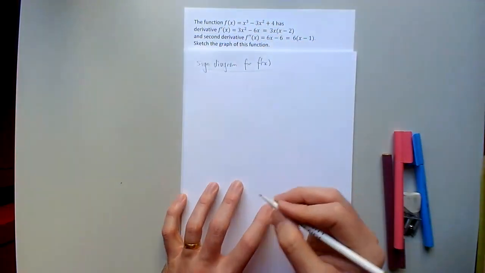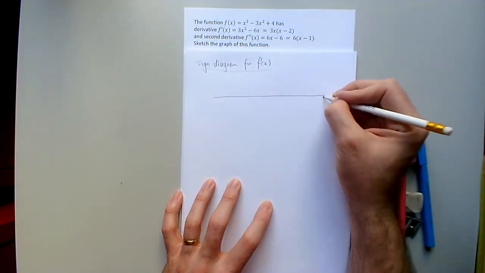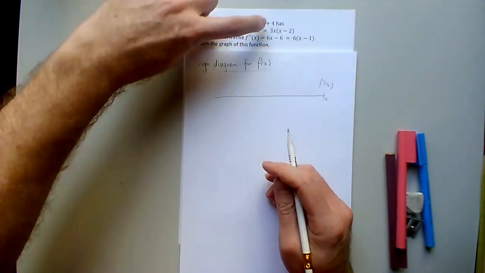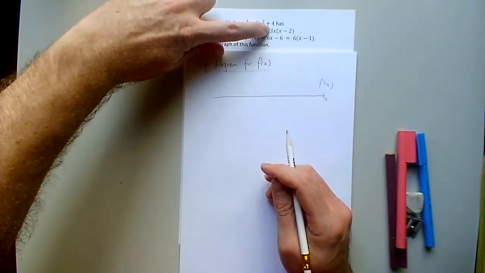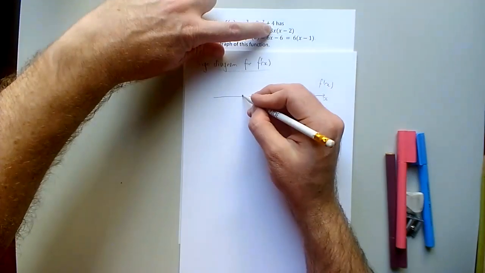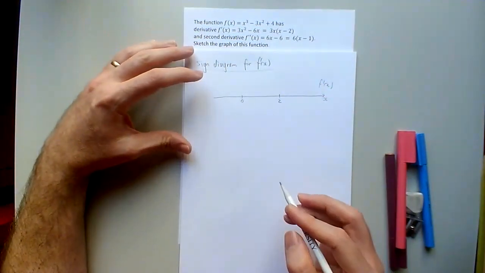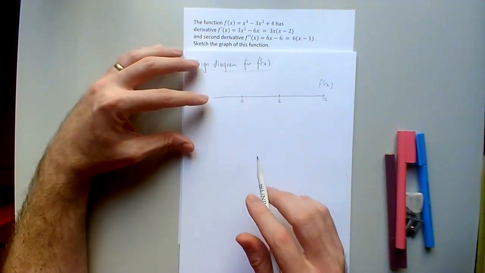A sign diagram for f dashed of x will show the person reading it where f dashed of x is positive and negative. Now, according to the factorized version here, it'll be 0 when x is 0 and when x is 2. And now I need to know when it's positive and negative.